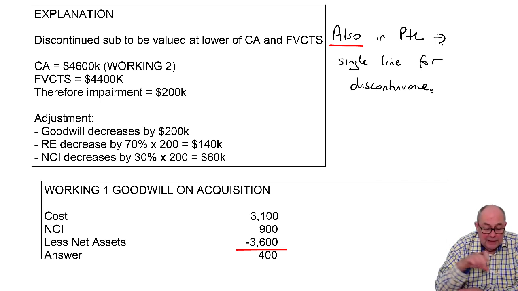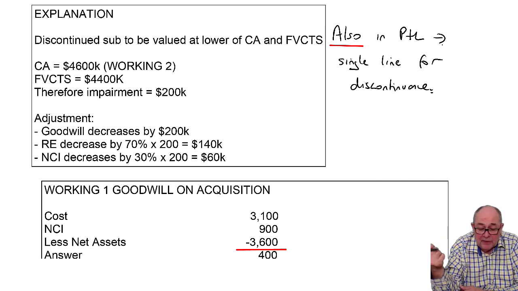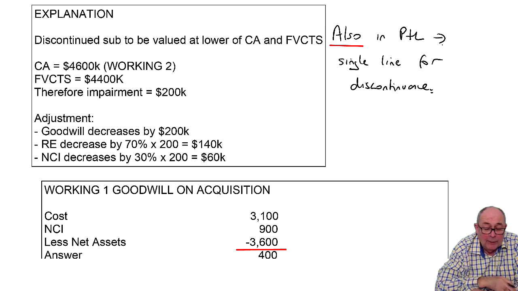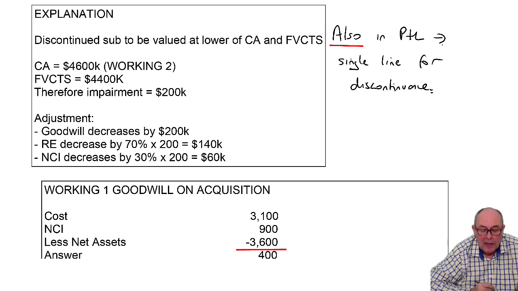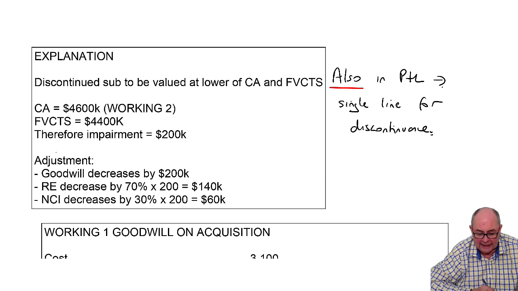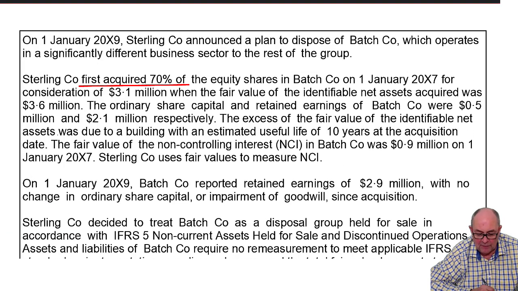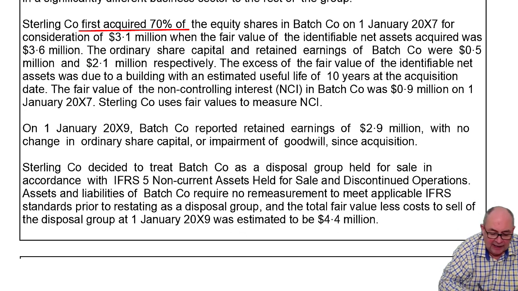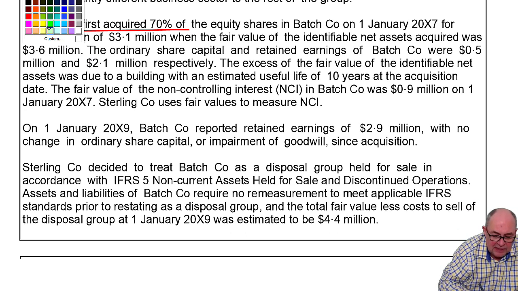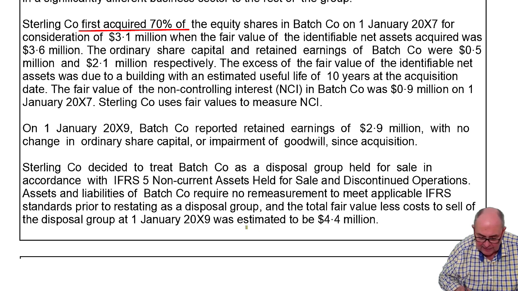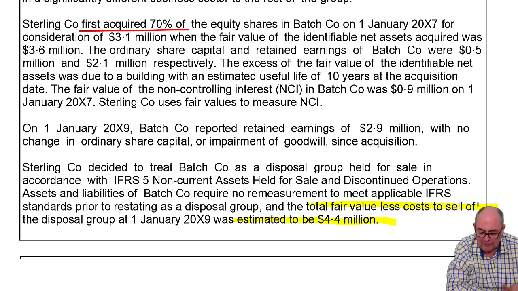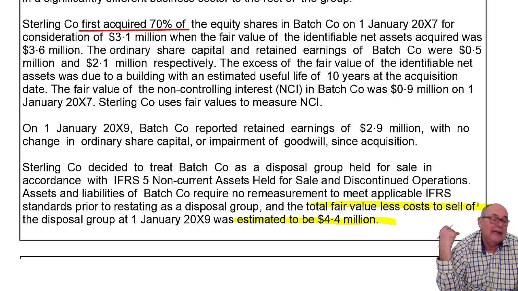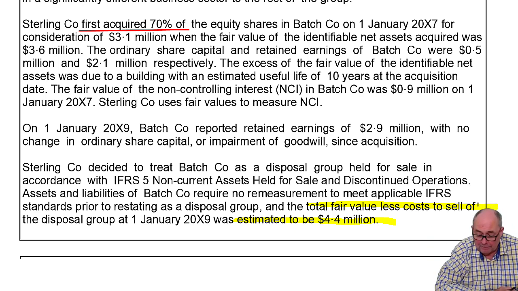Now, we need to value it at the lower of the carrying amount and fair value less cost to sell. The fair value less cost to sell is not a problem. It's 4.4 million. Let's see if we can spot that. I'll just highlight that again in a moment in yellow. There it is. There's the fair value less cost to sell. That's fine. It's the carrying amount that's the problem.